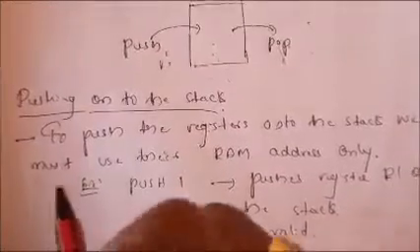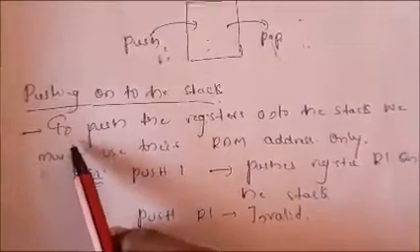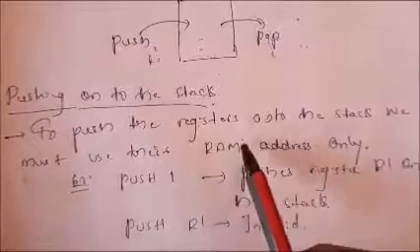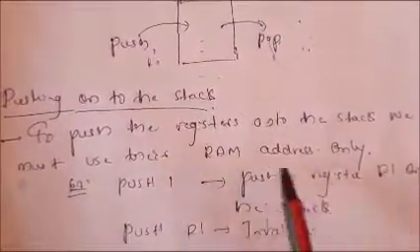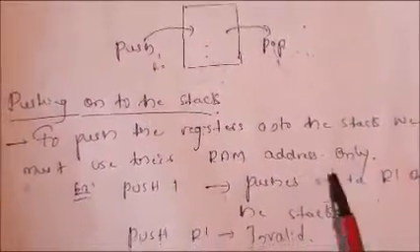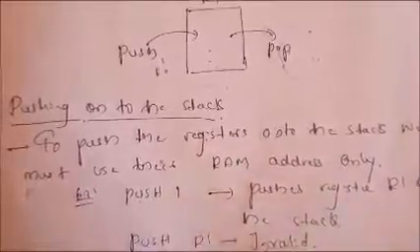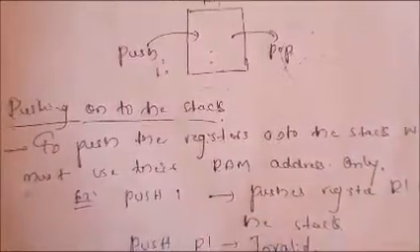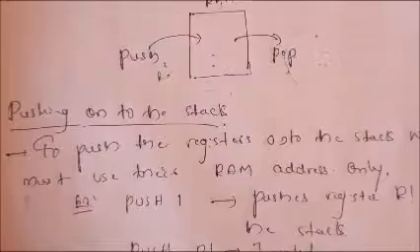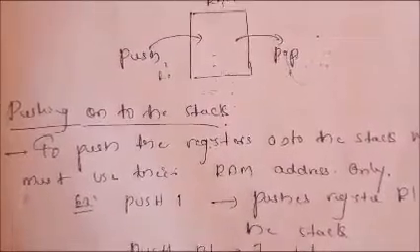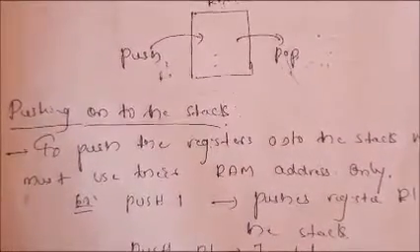The second thing you need to understand here is that to push the registers onto the stack, we must use the RAM addresses only. When you write the push and pop instructions, is it clear? We need to use only the RAM addresses for the respective register set, that is, only the direct addressing mode.